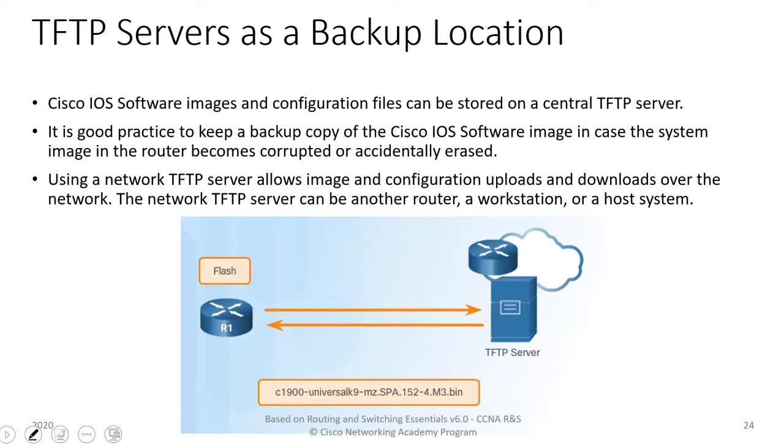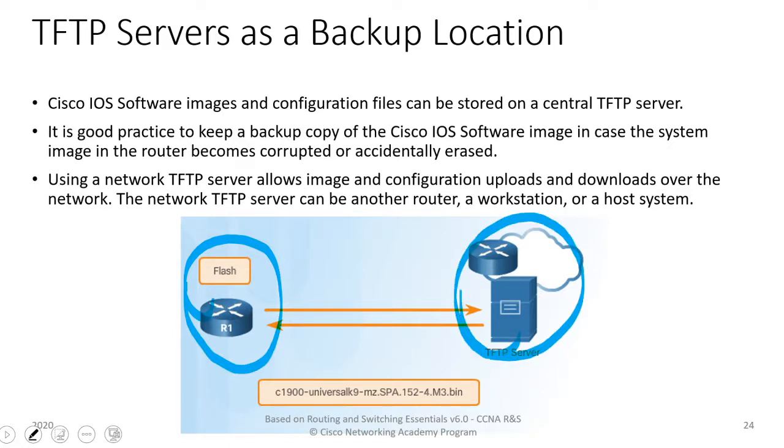And one of the common things that we may do, in terms of backing up these configurations, is, instead of saving the backups on the device itself, we can set up a remote server as the backup destination. So the configuration files can be backed up to the server, and we can also restore from the server if needed.